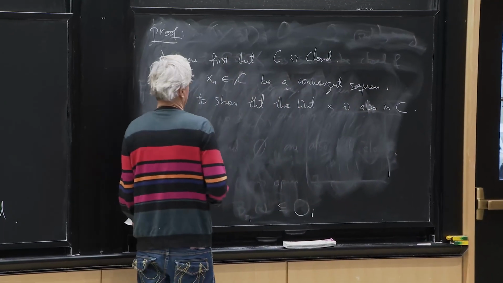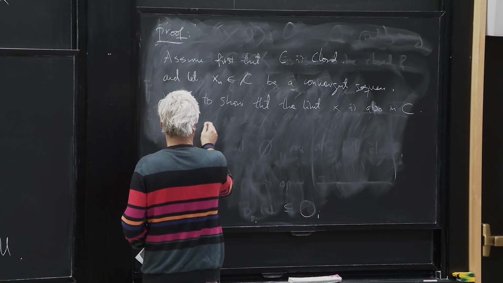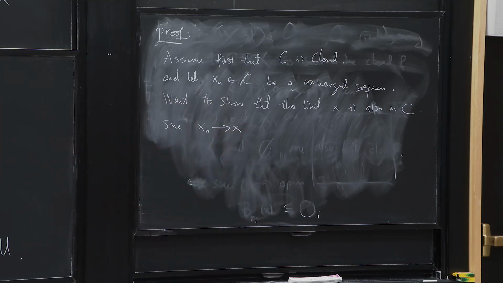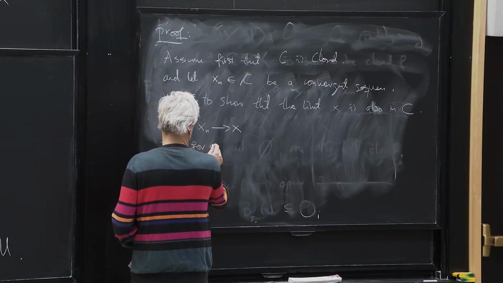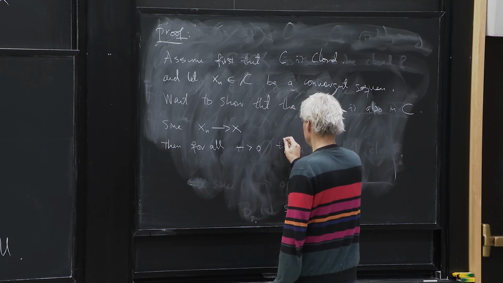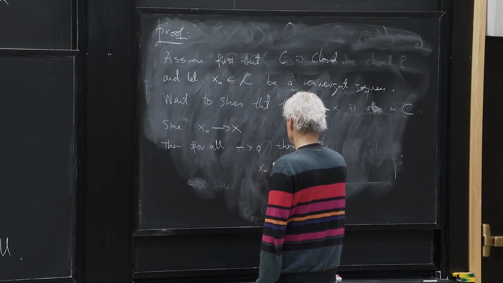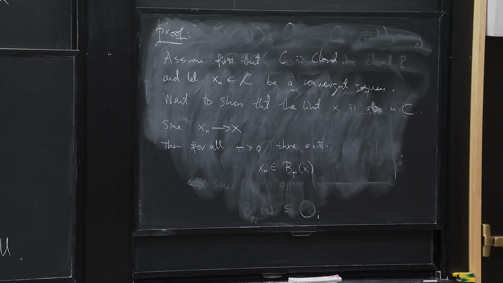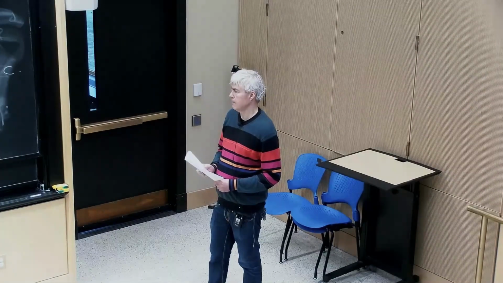Now, since x_n converges to x, then for all r greater than 0, there exists x_n in the ball of radius r around x, because it's converging. So for each r, you must have this.